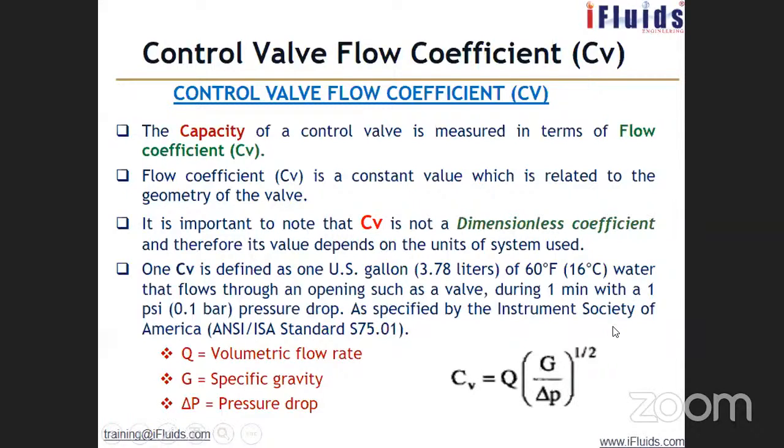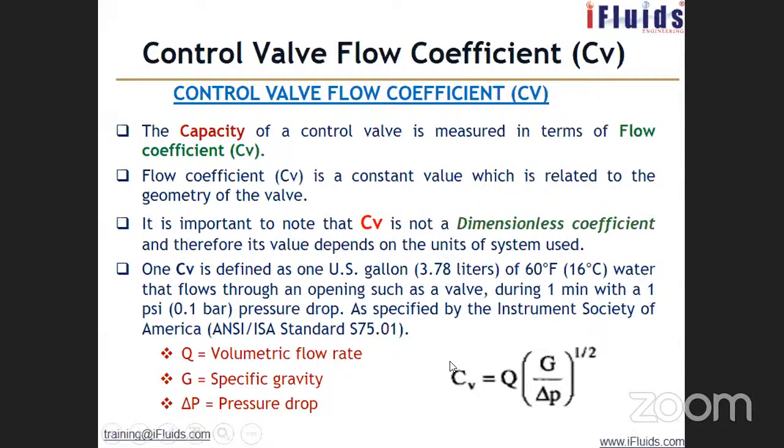CV is 1 when you pass 1 US gallon of water at 16 degree centigrade through a valve for a minute, and during that flow rate it drops 1 psi pressure. So this is called the valve coefficient. It is specified by the Instrument Society of America, ISA standard S75.01.